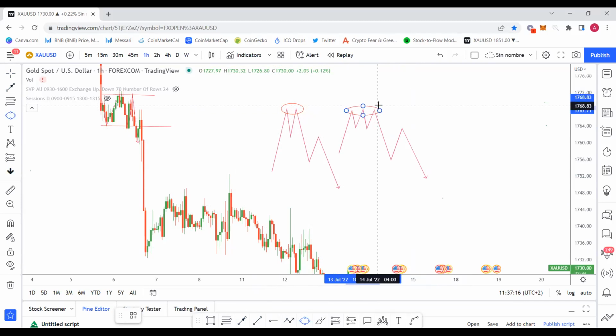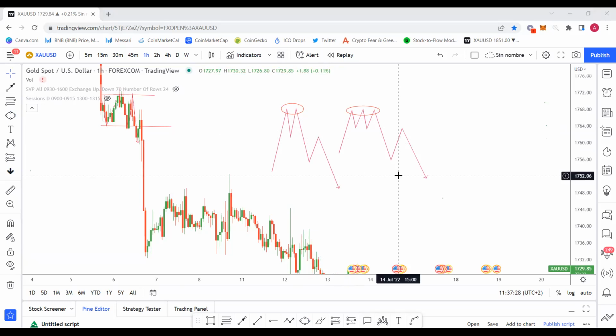First of all, let's look at patterns. Yes, double top, easy. Double top and this, triple top, very easy. I know all of you know.